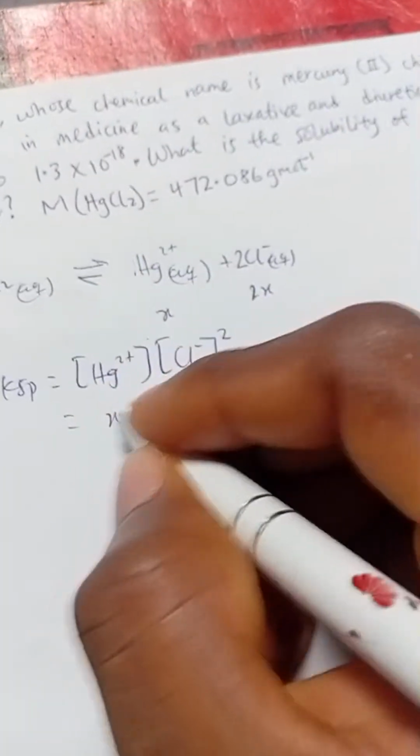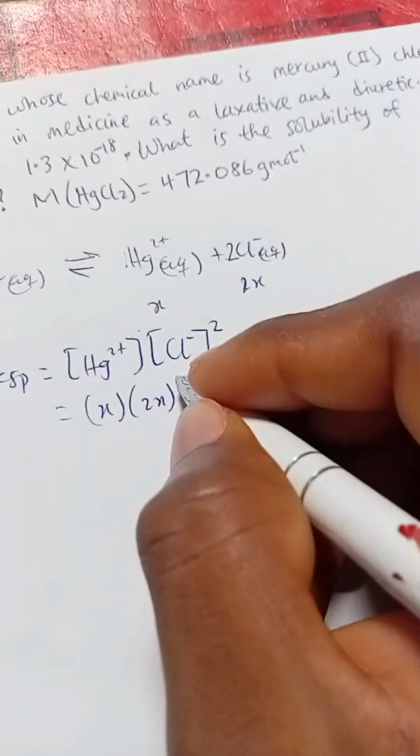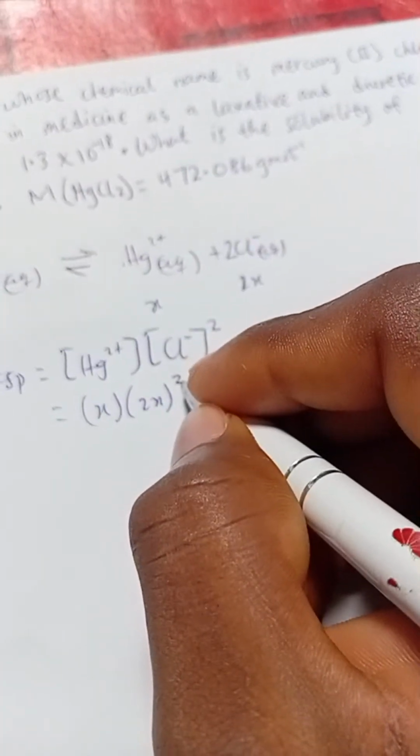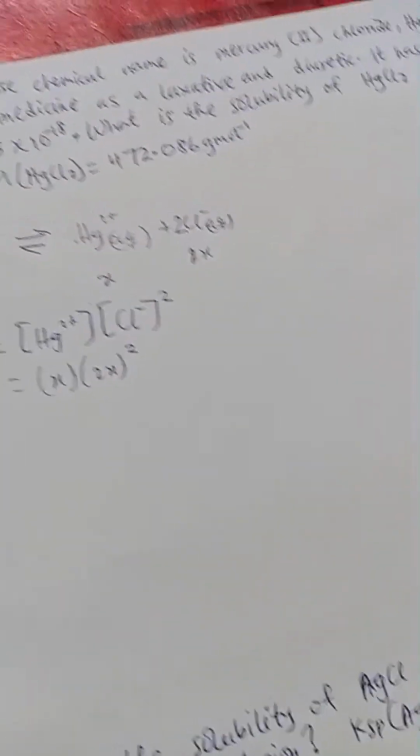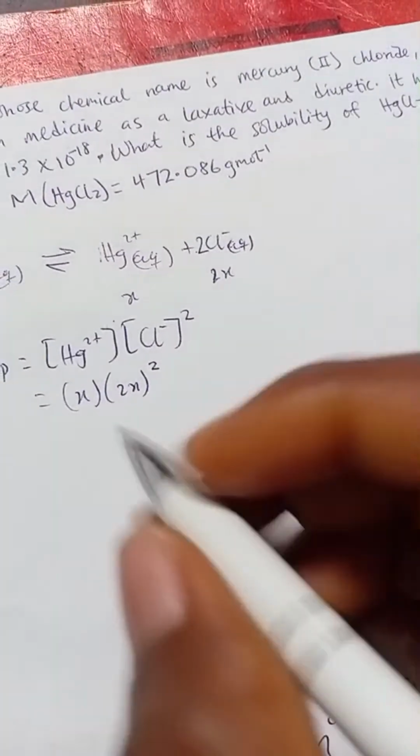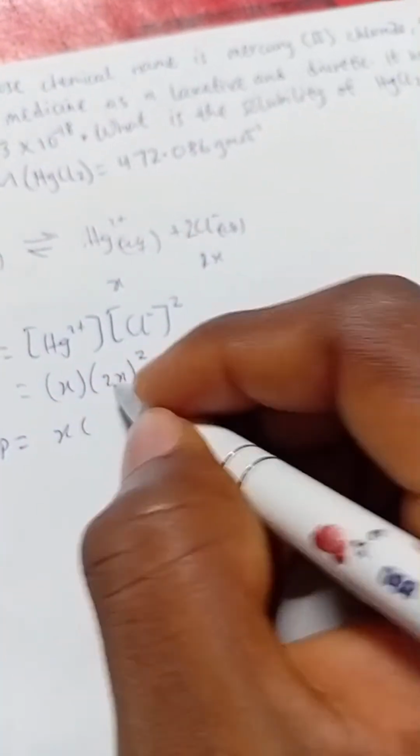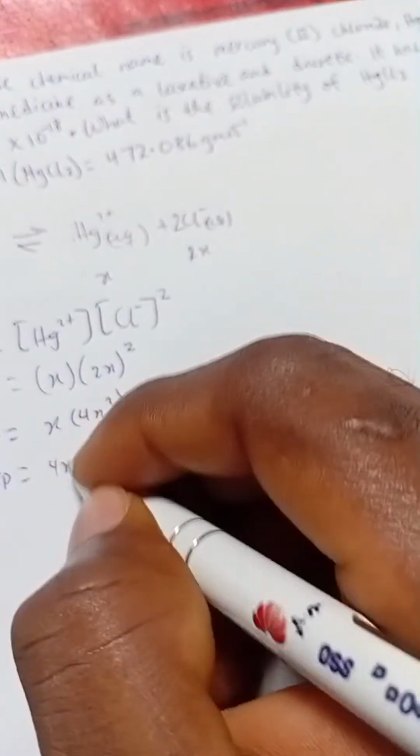So we have X multiplying 2X to the power 2. So we just simplify this first. This gives us 4x squared. And finally, we get 4x cubed.